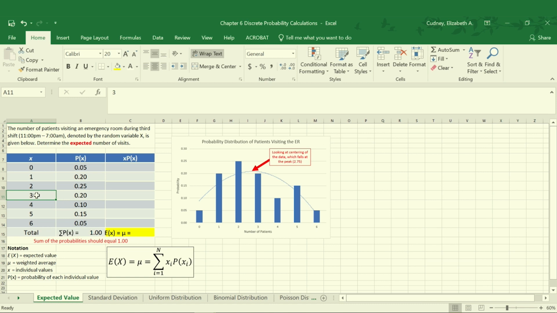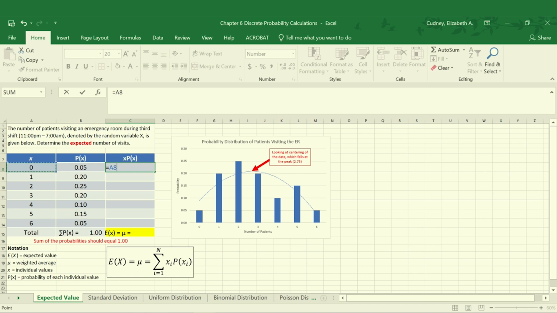To calculate our expected value, we would take our random variable and multiply it times the probability of each occurring. So in cell C8, we would get our calculation of X times our probability of X, which would be equal to cell A8 times cell B8, which should be 0.